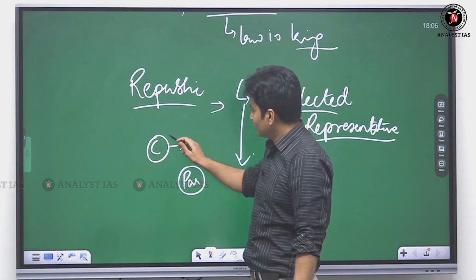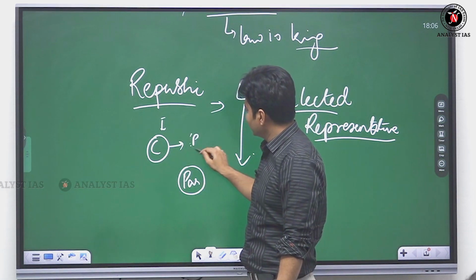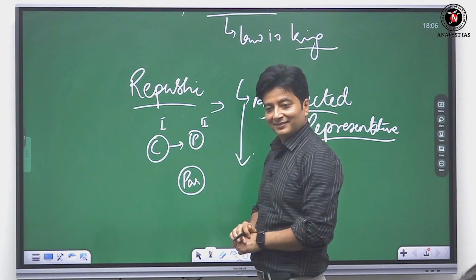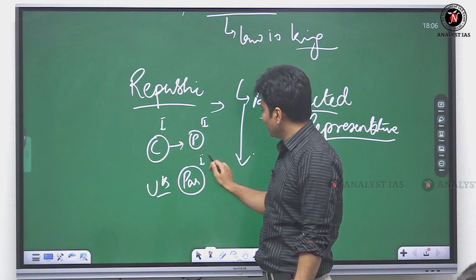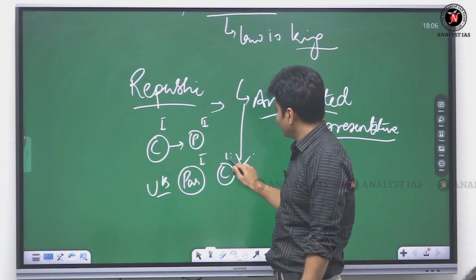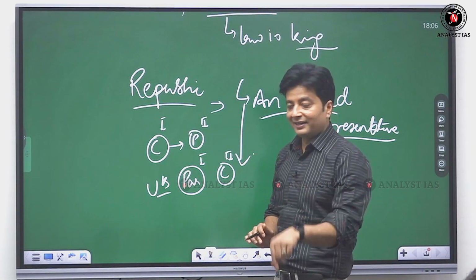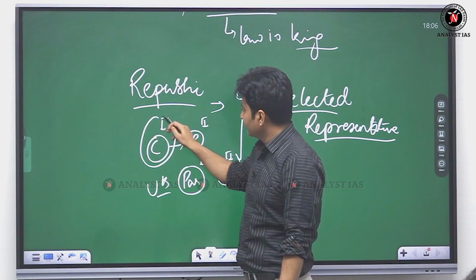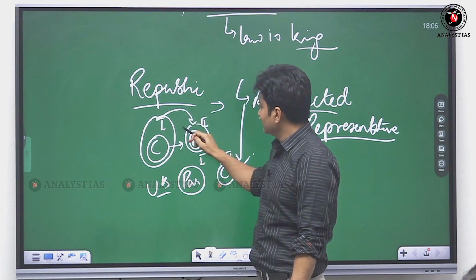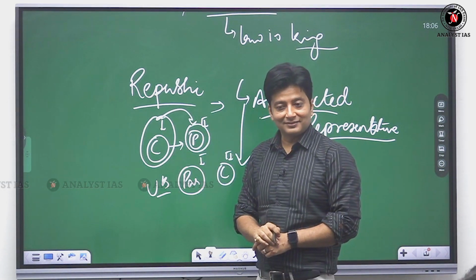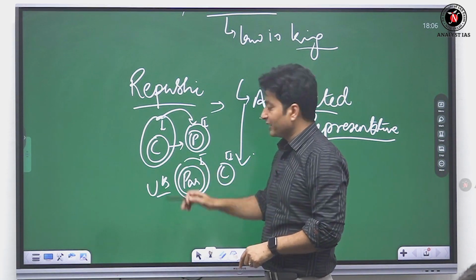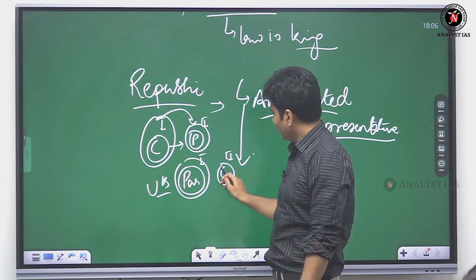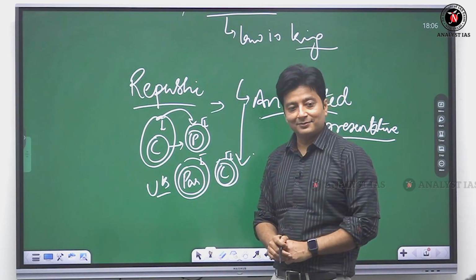Here, constitution is supreme, parliament is secondary. Whereas in UK, parliament is supreme, constitution is secondary. So in India, constitution is father and parliament is daughter, analogically. Oppositely, in UK, parliament is mother and constitution is its son.